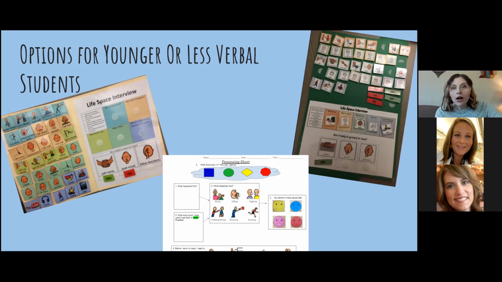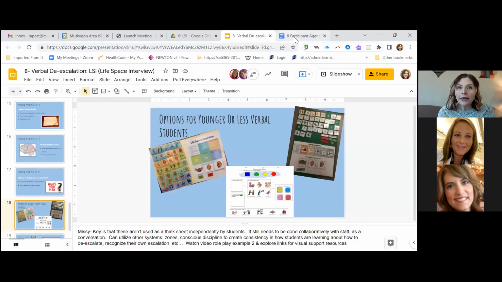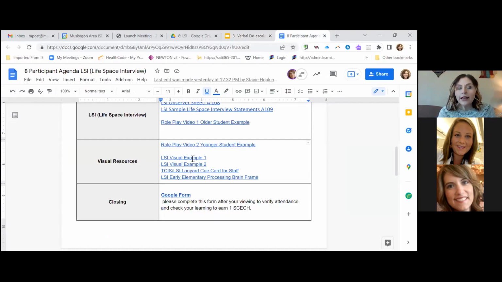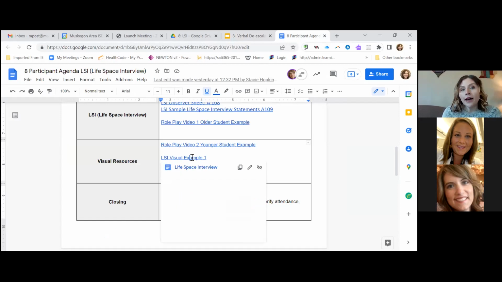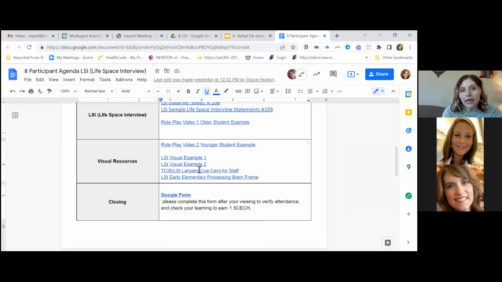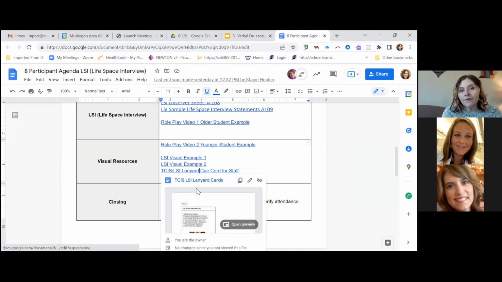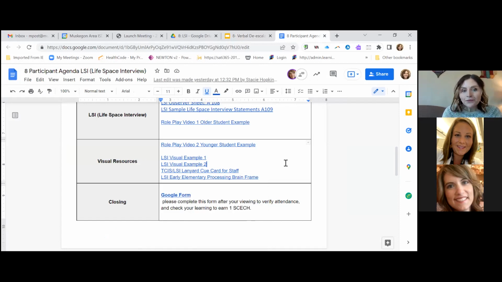And on your participant agenda, you will see some examples of the LSI visuals you can use for reference. There is also a visual example of an LSI lanyard that you could print out so that you always have the steps, and then the different examples.